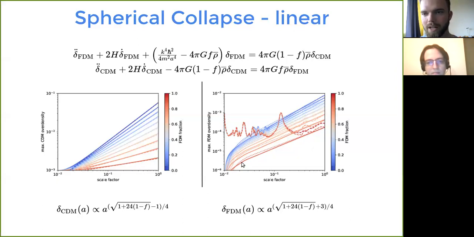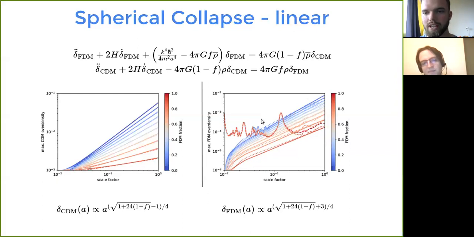So since we have a homogeneous field, we basically start at minus infinity, and then fuzzy dark matter starts to clump into the cold dark matter potential well, basically. And we see that indeed here again, the linear expectations are very much what we obtain from our simulations.